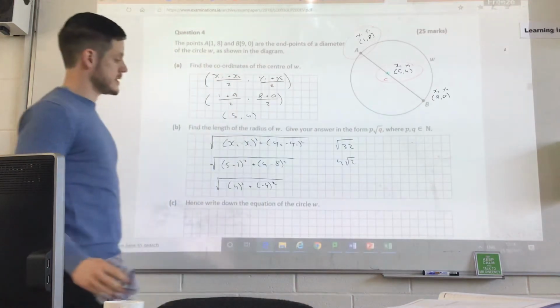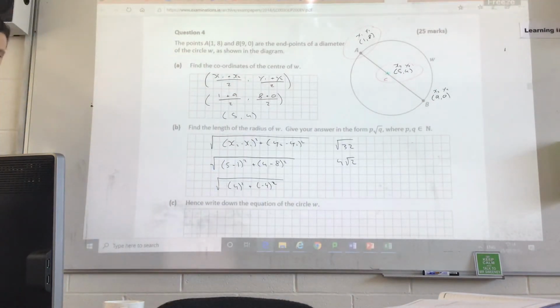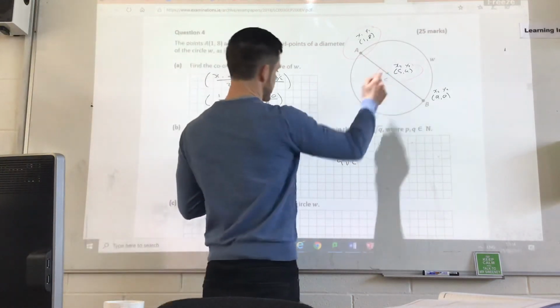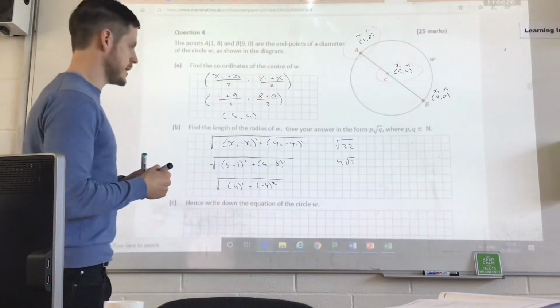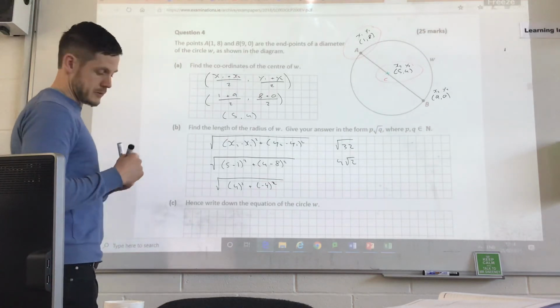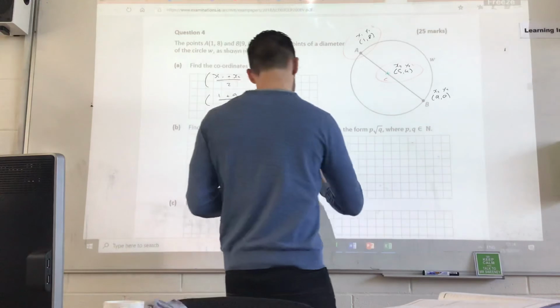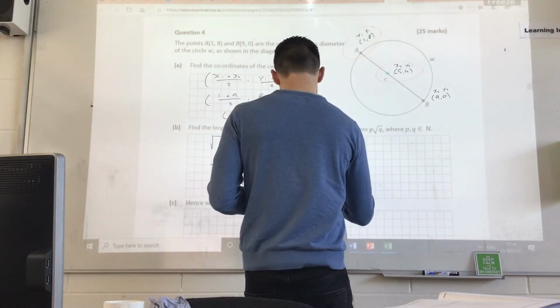Finally, it says find the equation of the circle W. We know that this circle doesn't have a centre 0, 0. So we're going to use this formula, and I'm just going to write it over here, just so there's a little bit more space.